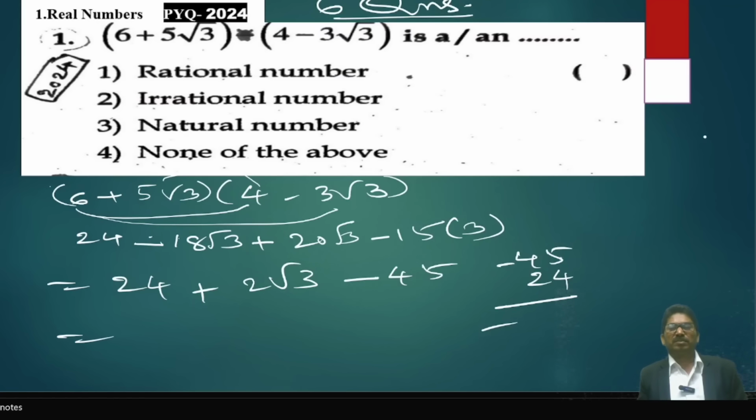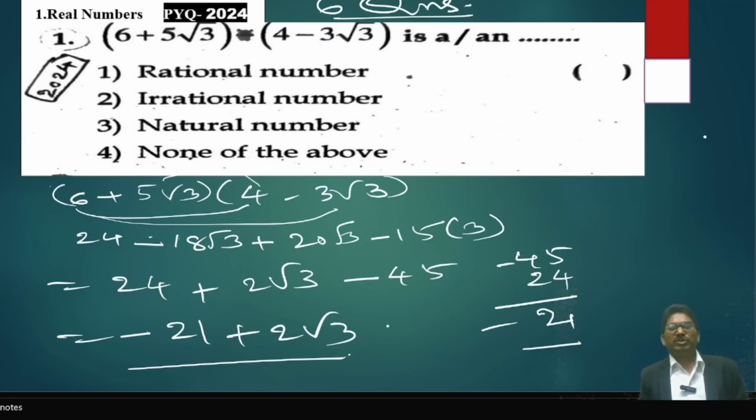Minus 21, plus 2√3, which is an irrational number. Option 2 is the correct answer.